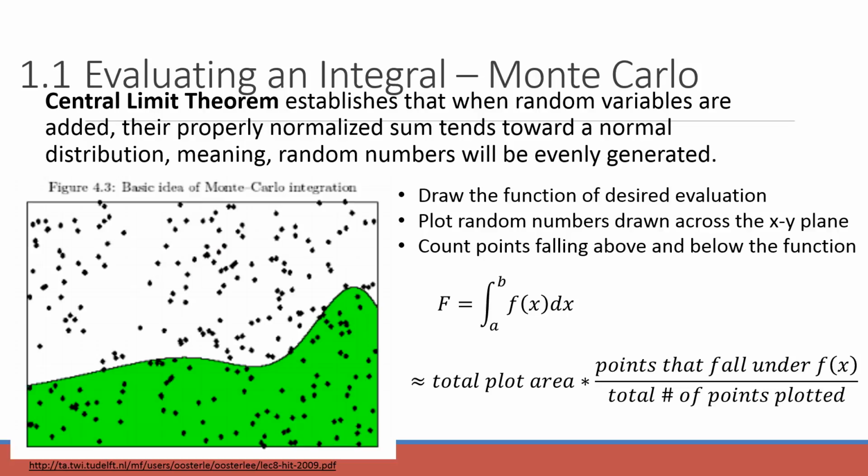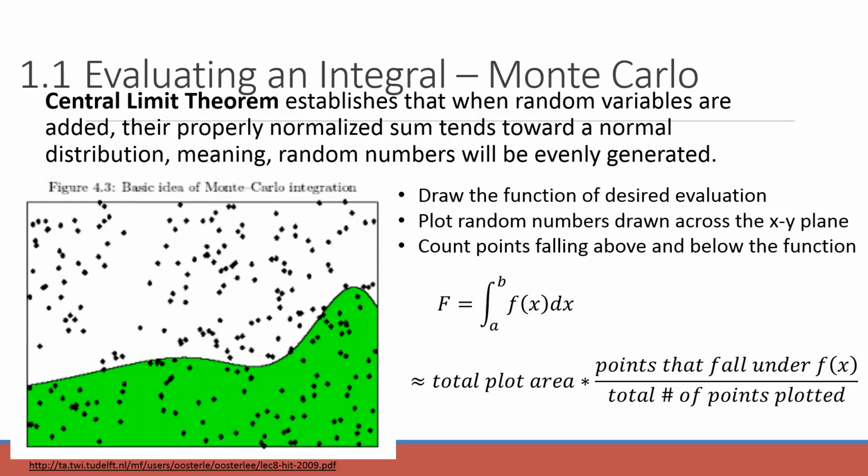So to break down some of the different steps in the basic idea of Monte Carlo integration, first we want to draw the function of desired evaluation. So we do this across a specific area. Then we plot random points across this area on the XY plane, knowing that it will truly be random.